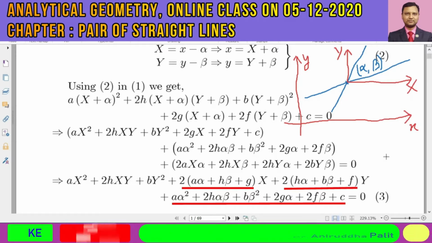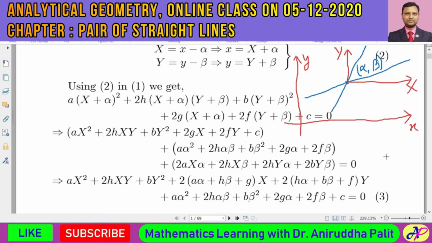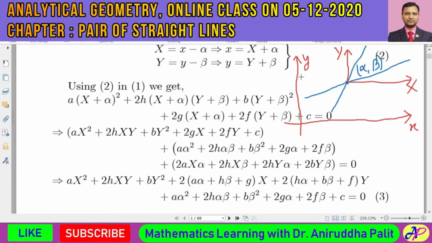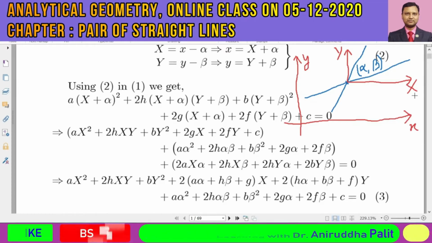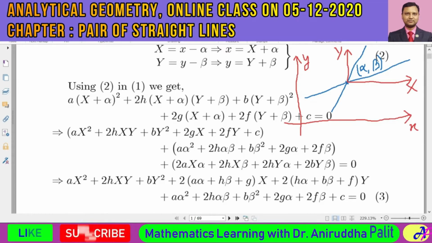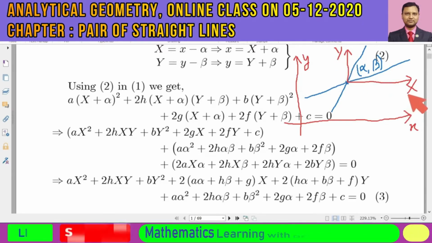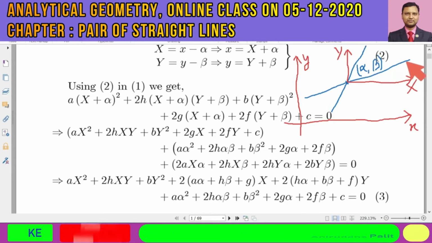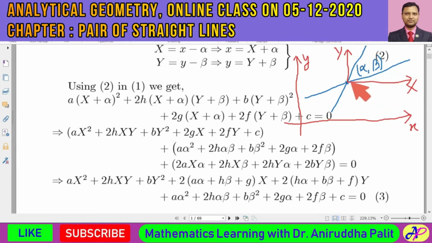And this is an equation involving the new coordinates capital X and capital Y. And now forget about small x and small y. Now try to concentrate on capital X and capital Y. Over here in terms of capital X and capital Y, you observe that these two straight lines are passing through the new origin.